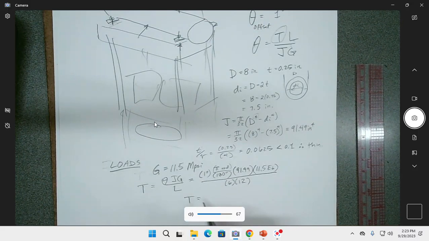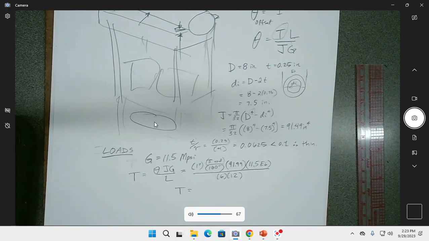And I'm already thinking this torque is going to be a ridiculous amount. Like one degree is really going to be something spectacularly large. It's going to be like a crazy Mohr circle for the shear. So you have pi divided by 180 and multiply by 91.49.